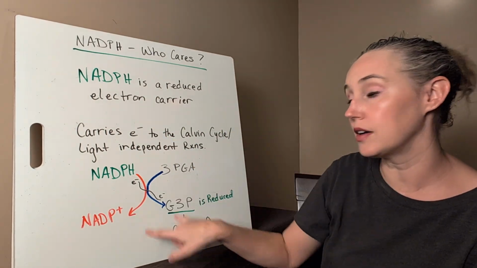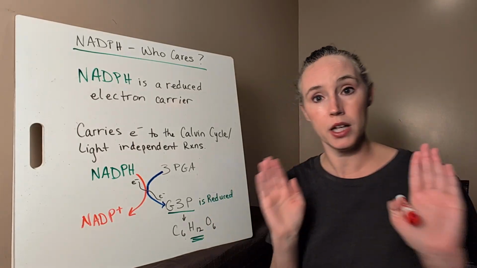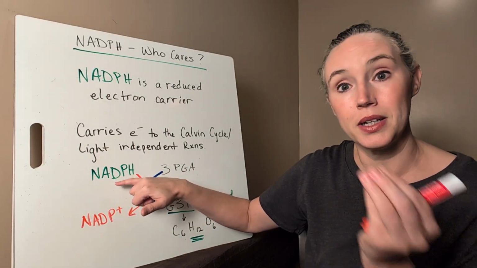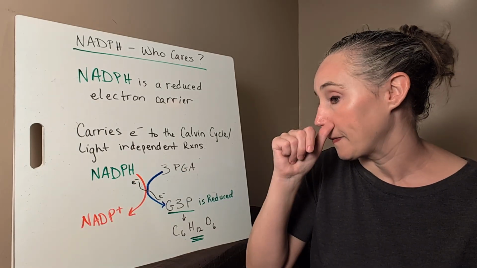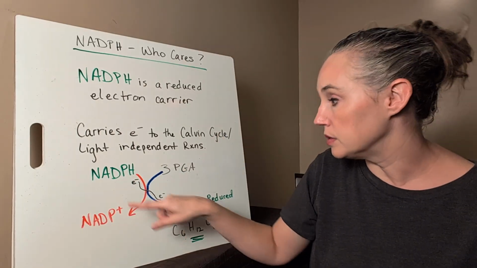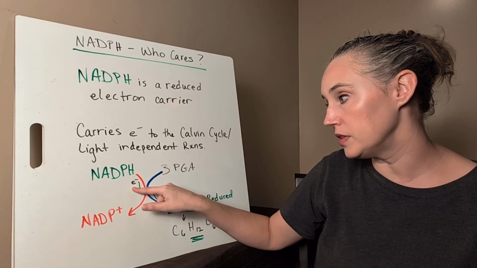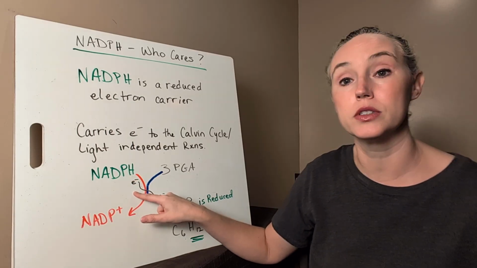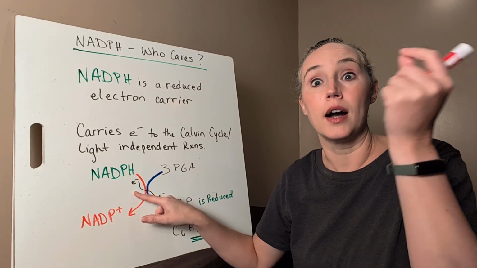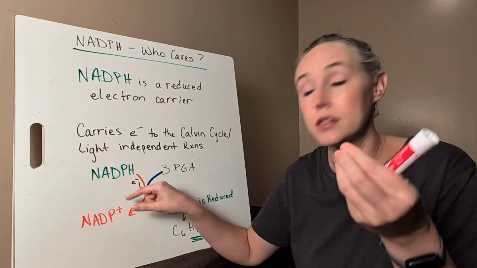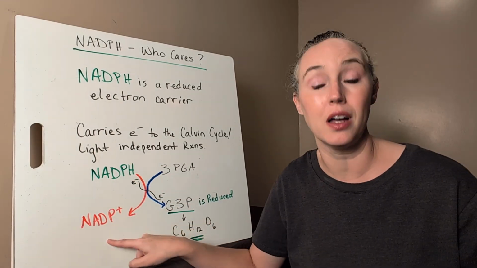So check out this setup. I've got coupled reactions happening here. We have NADPH, and this is happening in the stroma, in the Calvin cycle. It is going to let go of some of its electrons. Oxidation is losing, so NADPH is going to oxidize to form NADP+.